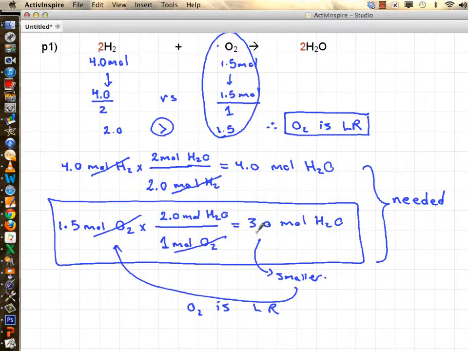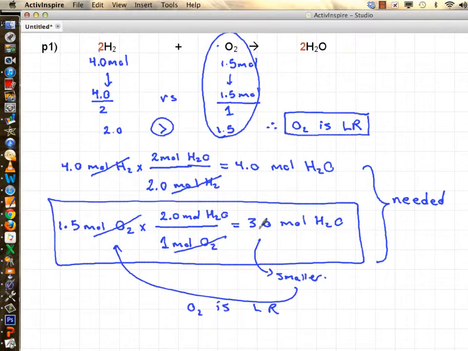And I want you to realize that the limiting reactant limits your production. If you had used 4 moles of hydrogen, which is in excess, you would produce 4 moles of H2O, which would have been the wrong answer. If you use the limiting reactant, 1.5 moles of oxygen, you produce the accurate amount, or the lesser amount. By the way, this eventually will be known as theoretical yield, what you can produce based on calculations.